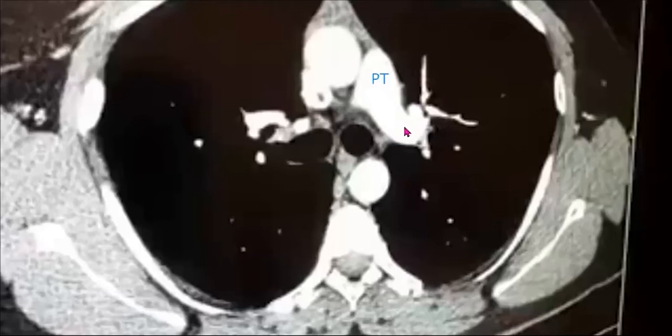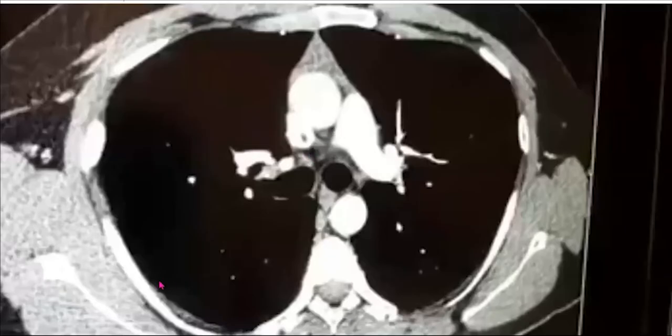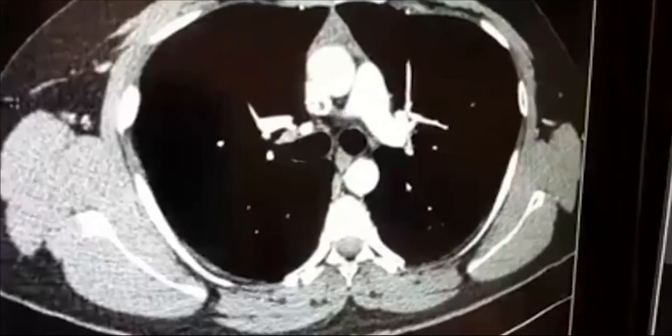So this is the left pulmonary artery, and as we scroll down, we will see both branches. Now, let us move further.